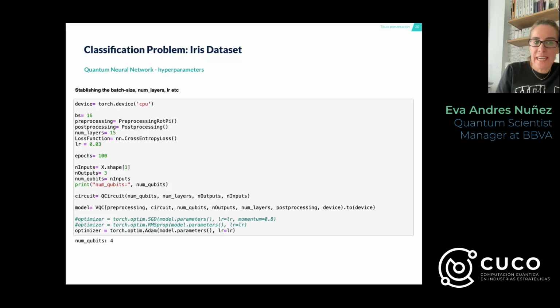The loss function, the learning rate: as you can see, the learning rate in a quantum neural network is higher than the classical one, which usually uses 0.0001, but in this case, higher values, to avoid the Barren plateau. We use 100 epochs, and this is the circuit, embedding the circuits in the class, using Adam as classical optimizer.